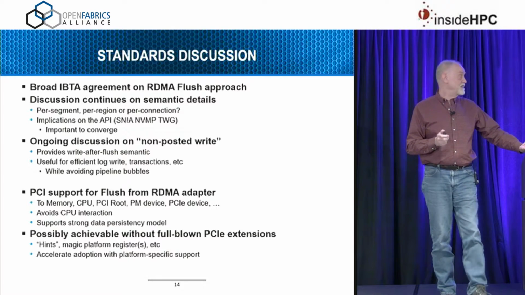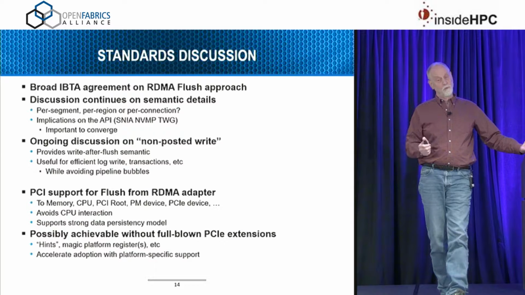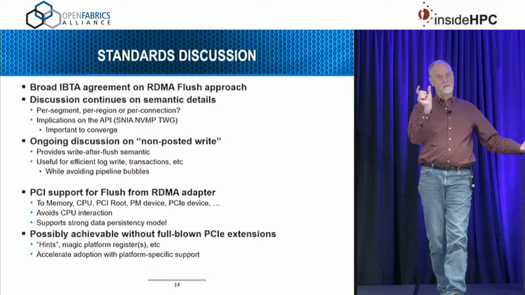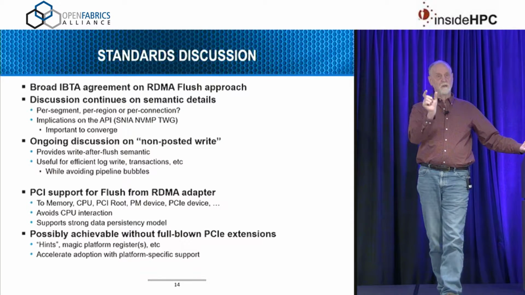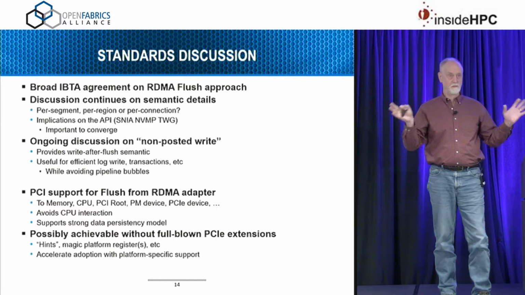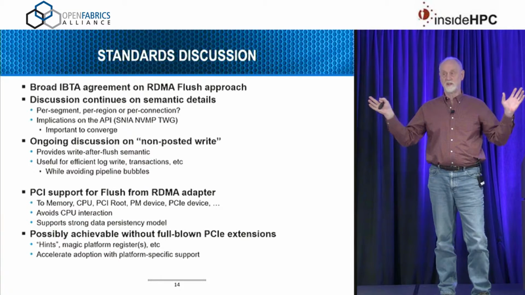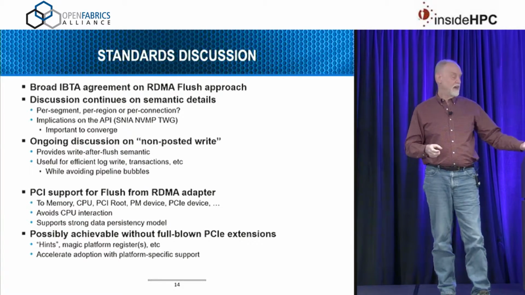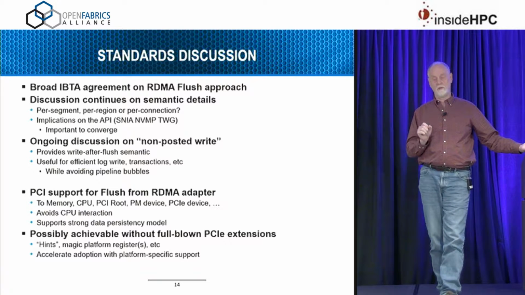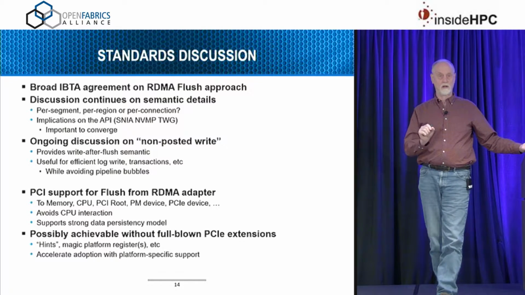There are some semantic details. One of the most important ones is what's the argument to the flush verb? Is it a segment? Is it a memory region, everything with the same handle? Or is it the whole queue pair? Right now, it's the whole queue pair. And the important reason for that is ordering. You don't want to scoreboard all the writes that landed on a particular region. NICs don't do that today.